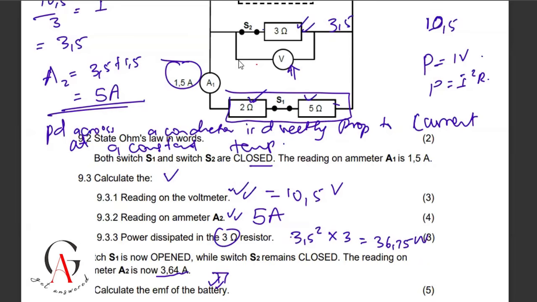If S1 is open, it simply means that no current is going to get to this part. It's only this that we shall have. The reading on the ammeter A2 gets to this, so there's a drop of current from 5 amps to this much.